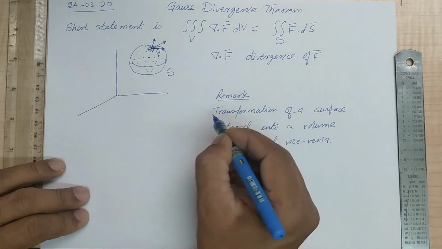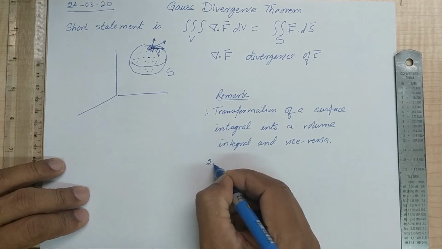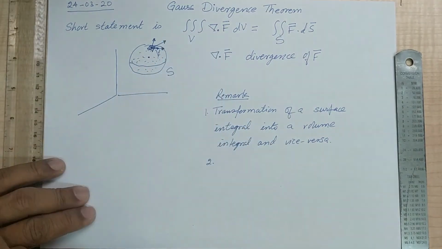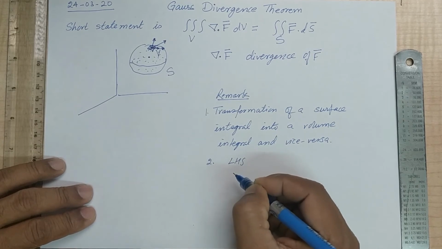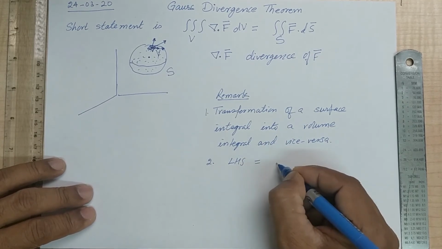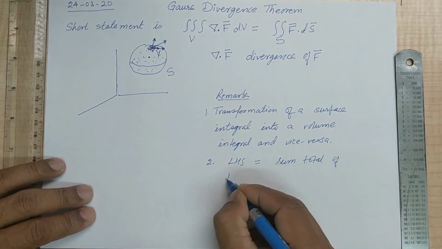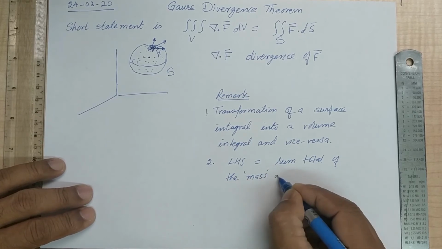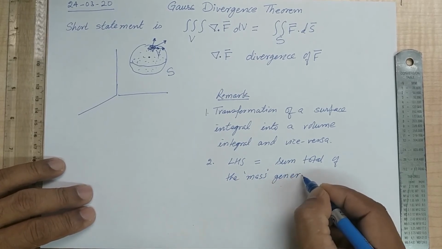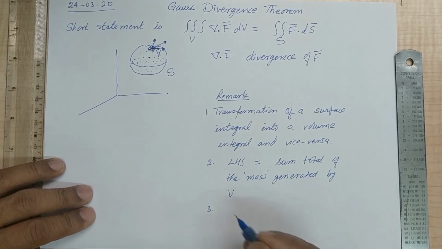So just for the sake of records, let me write down the interpretation which I gave. What is the left hand side? The left hand side is the sum total of the mass generated by V. And what is the right hand side?